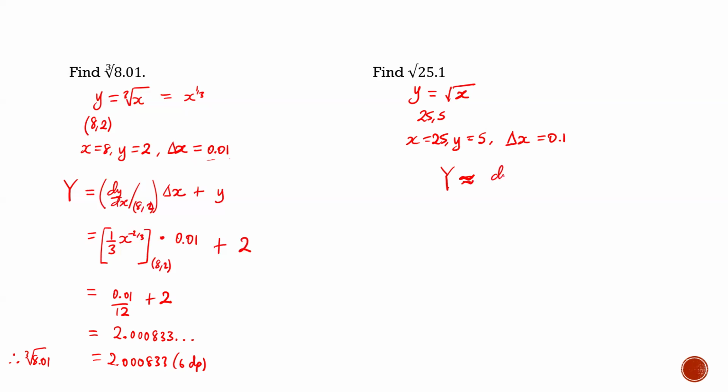This is going to be dy/dx at the point 25.5, multiplied by delta x, plus the value of y. This is going to be dy/dx, since y is the square root of x, which is x to the power half.